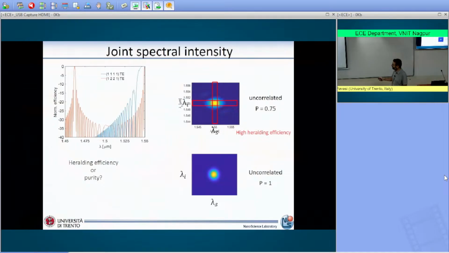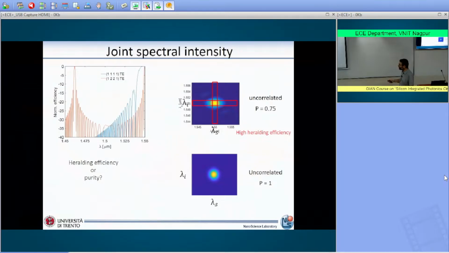The situation is different in the case we are using intermodal four-wave mixing. Because what you see in the intermodal four-wave mixing is that you have naturally a generation bandwidth that is extremely narrow. And therefore, in this case, you end up with a joint spectral intensity diagram where the generated photon pairs are distributed in a very narrow region that gives you a very strong purity in your signal without having the need to filter out anything out of the photons that you have generated.